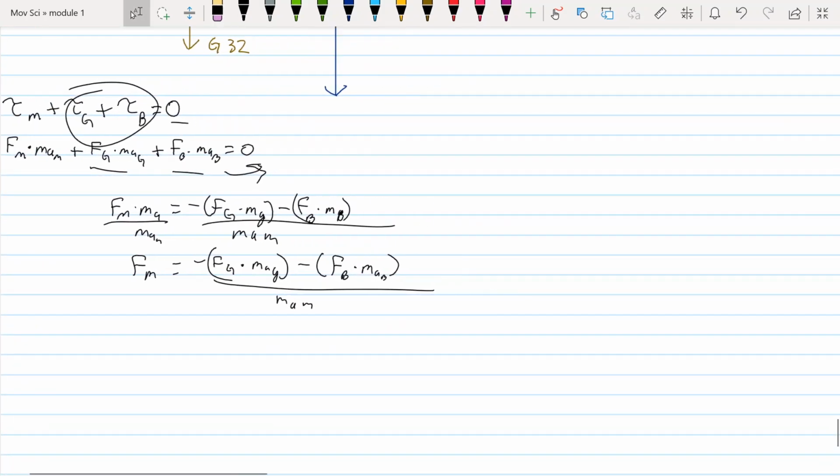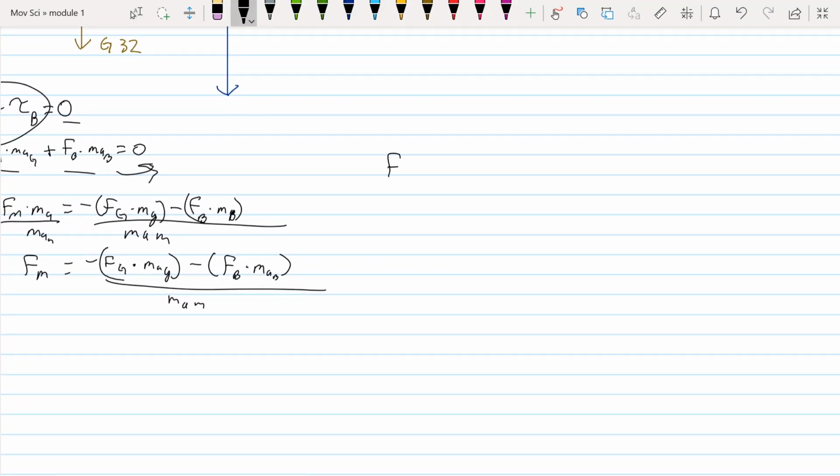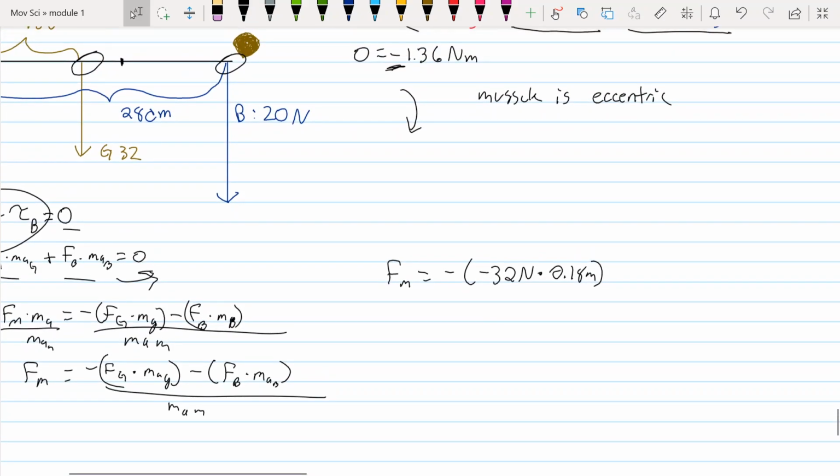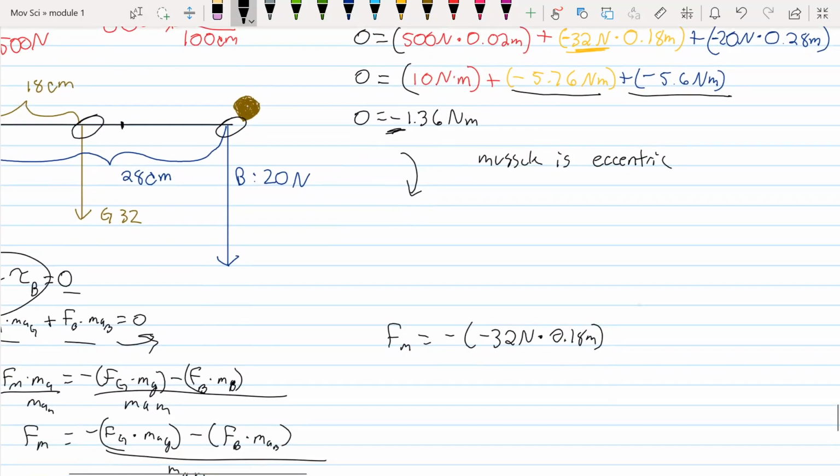So if we plug and play here, we've got the force of the muscle equals a negative force of the forearm, which is a negative 32 Newtons times 0.18 meters, which we already know because we've already calculated that up here.